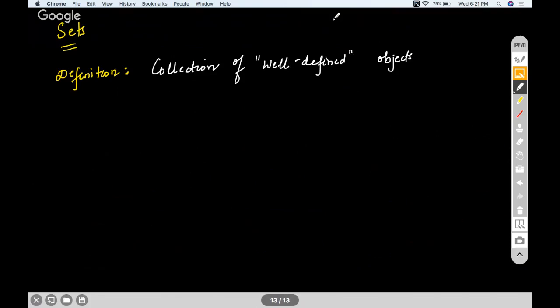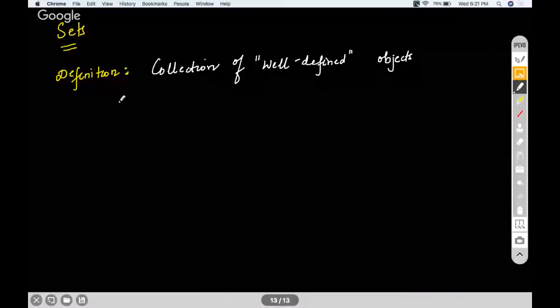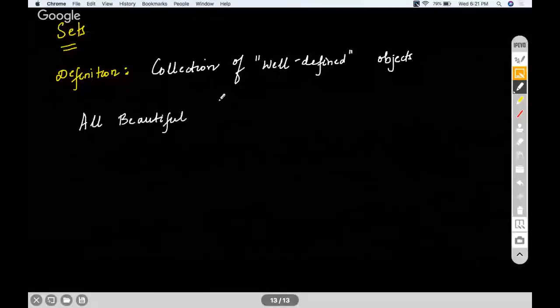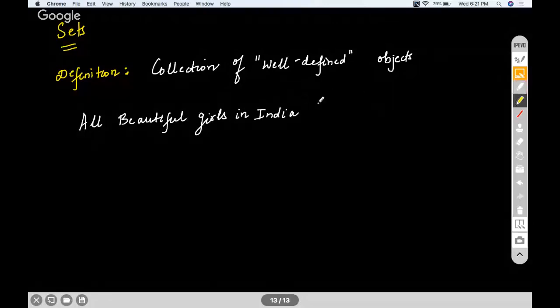So they may ask you this question. Tell me whether a collection of all beautiful girls in India is a set or not. Just type yes if it is a set, no if it is not.